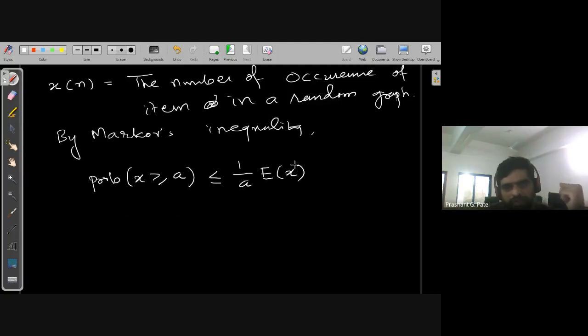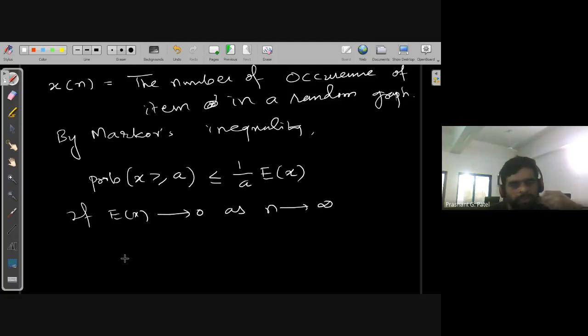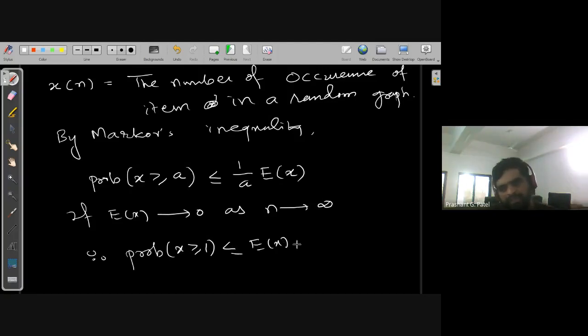So if E of x tends to 0 as n tends to infinity, then I can say that the probability of x greater than or equal to 1, that is, the number of items being at least 1, is less than or equal to E of x, and this E of x tends to 0 as n tends to infinity.